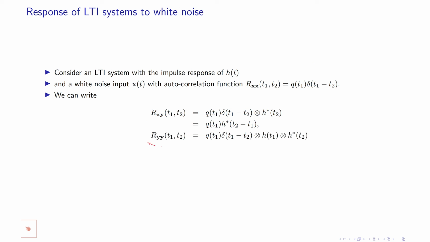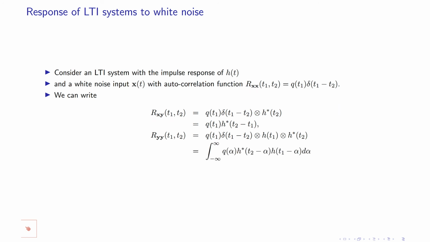You could say that you convolve this with h of t2 conjugate and also convolve it with h of t1, and then you get this one. So if you simplify that, you get this one.